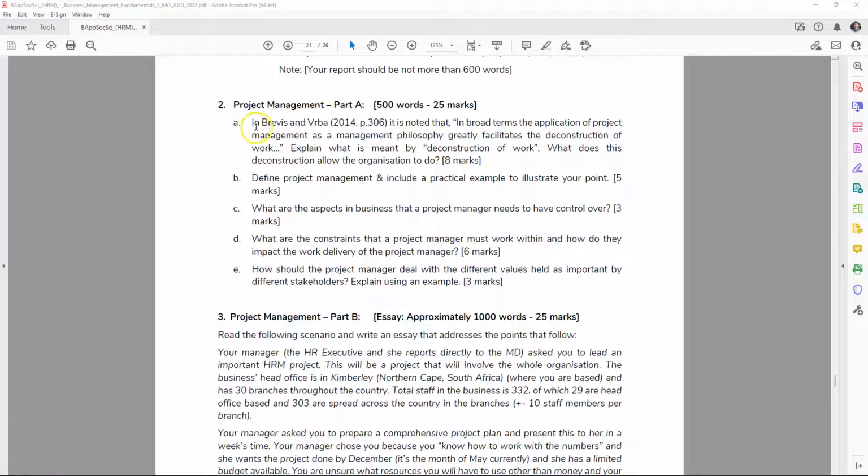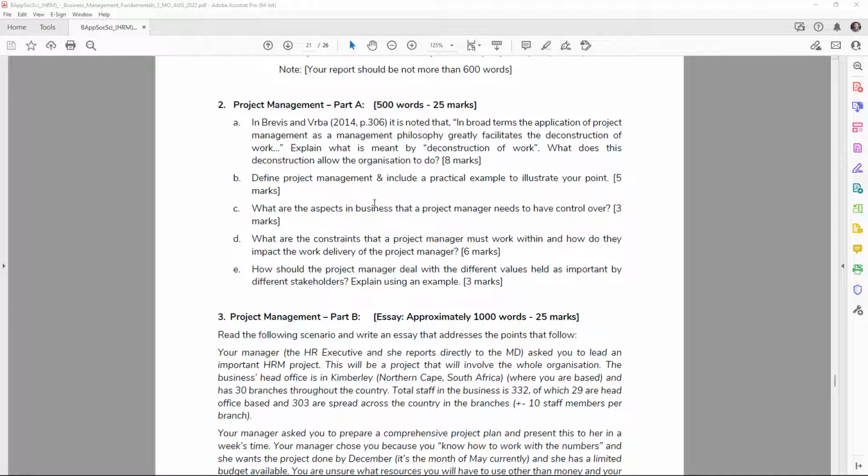In Brevis and Verwaar, 2014, a textbook on page 306, it is noted that in broad terms, the application of project management as a management philosophy greatly facilitates the deconstruction of work. So explain what is meant by deconstruction of work.